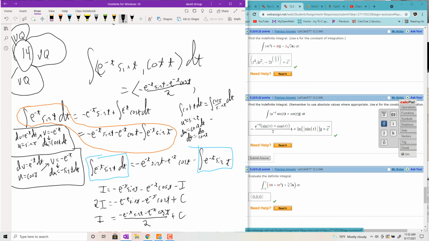And so this would be equal to the integral of cosine t all over u times du all over cosine t. And that would be the integral of du over u, which would be the ln of the absolute value of u, back subbing, that would just be sine t. So the second component is ln absolute value of sine t. And then you add in your vector plus c.